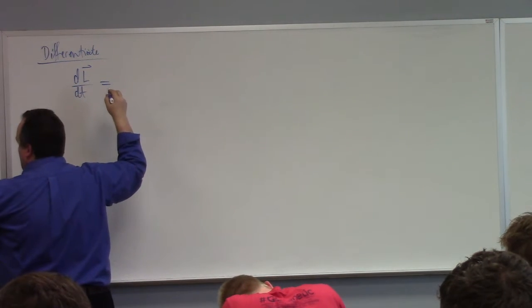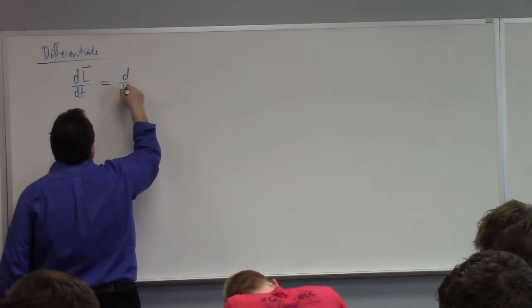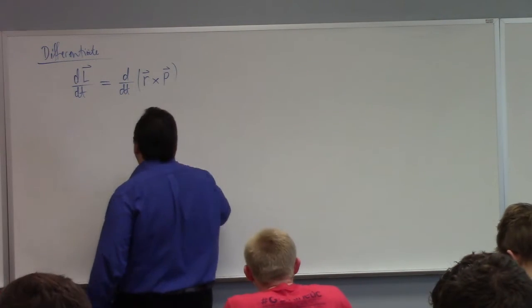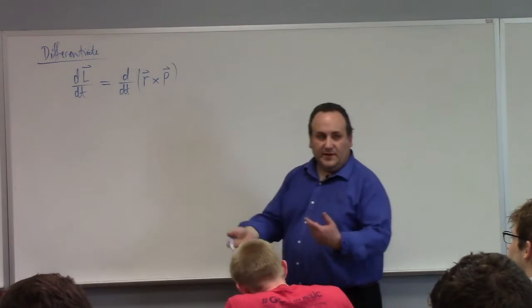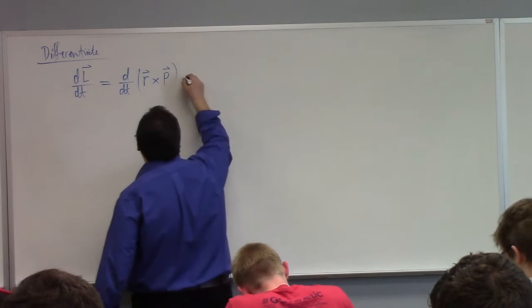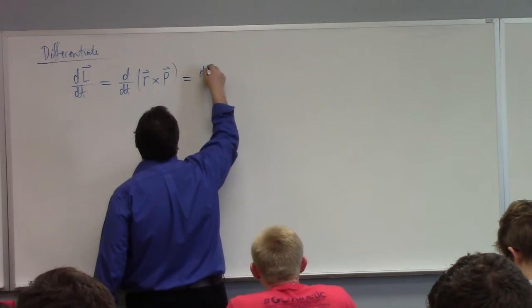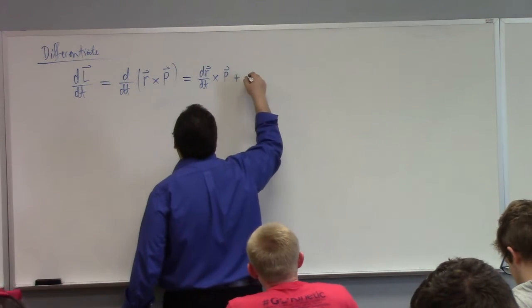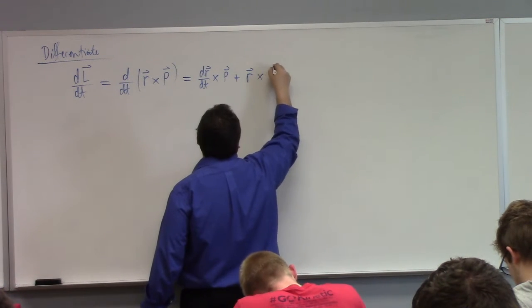So we have d dt of r cross p. I think I've done some of this before, but let's go through it again. Which is dr dt cross p, plus r cross dp dt.